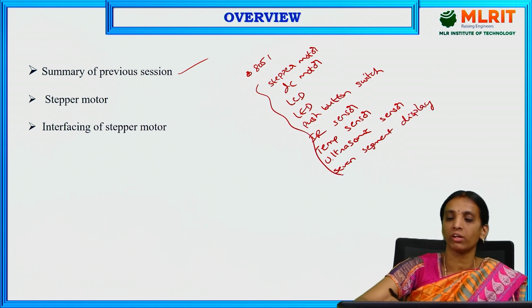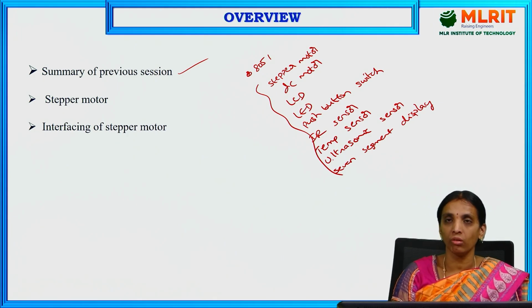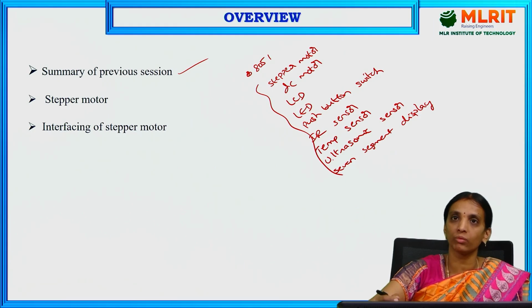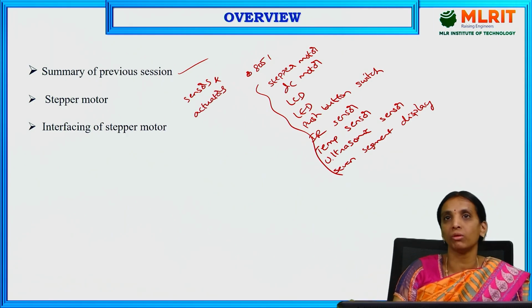So these are all different types of devices which are used for interfacing with the embedded processor in real-time applications. So in the previous session we have discussed the different types of sensors and actuators available for interfacing with the core of our embedded system.